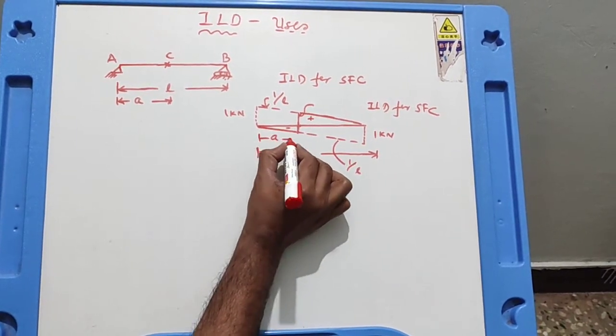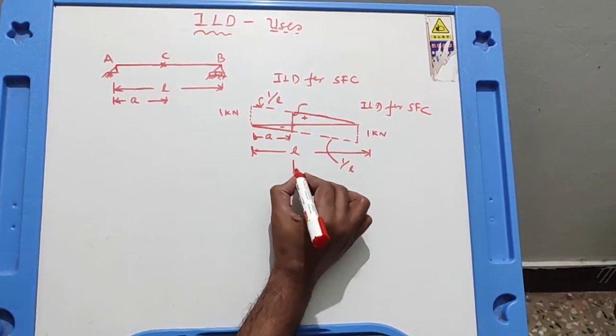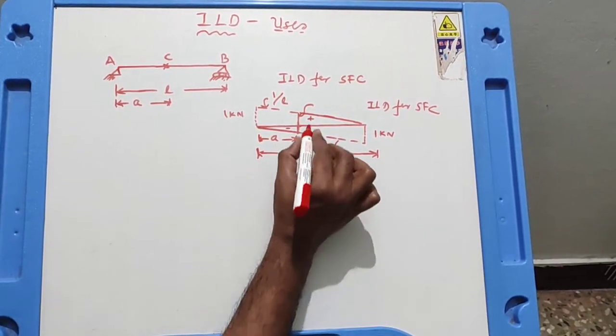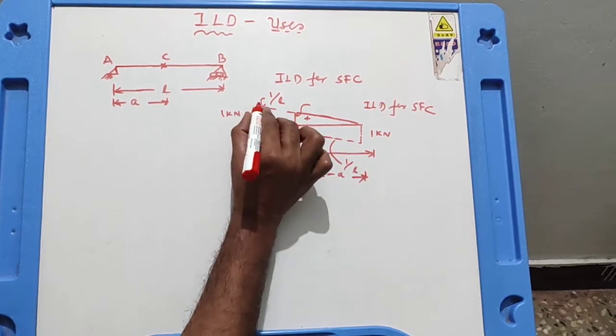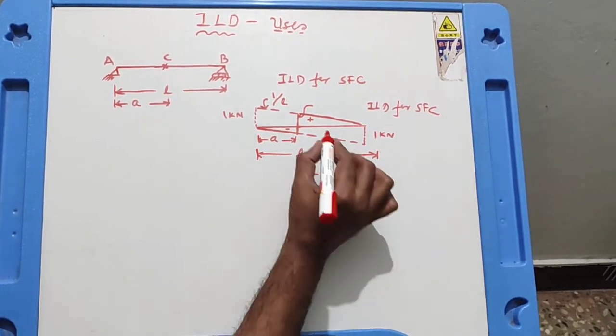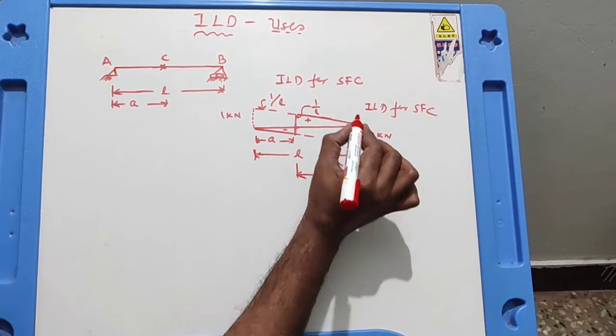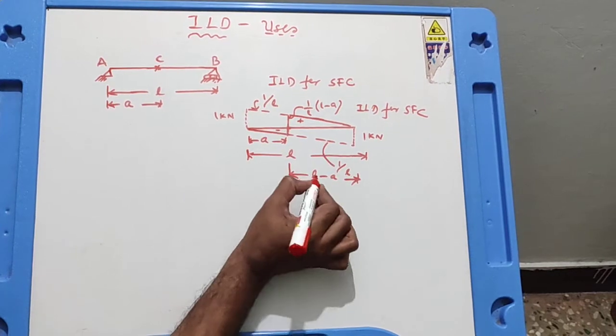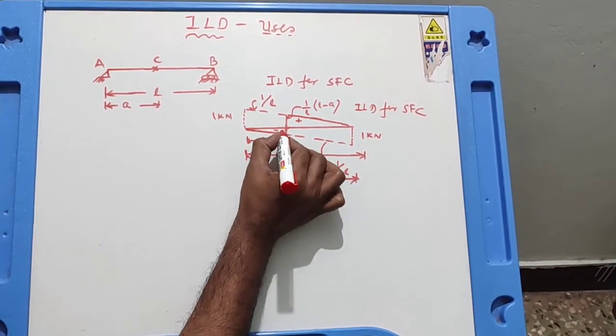You can see here, this is a. So what is this? This is L minus a, right? Because total is L. So what is this ordinate? This ordinate is equal to slope of the line into the horizontal distance on this side. So it is 1 by L into L minus a, or (L minus a) upon L. What is this ordinate?